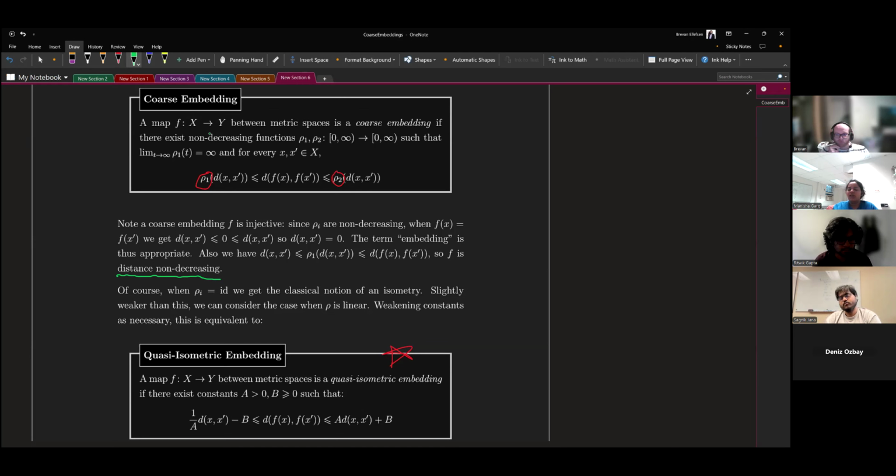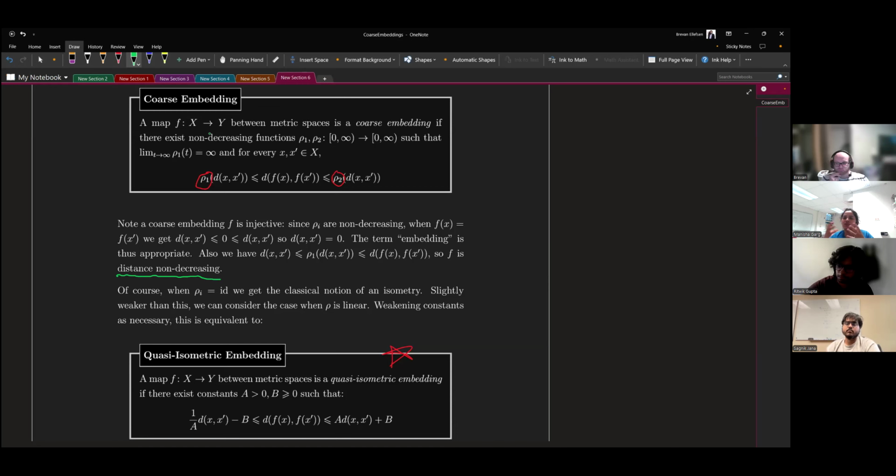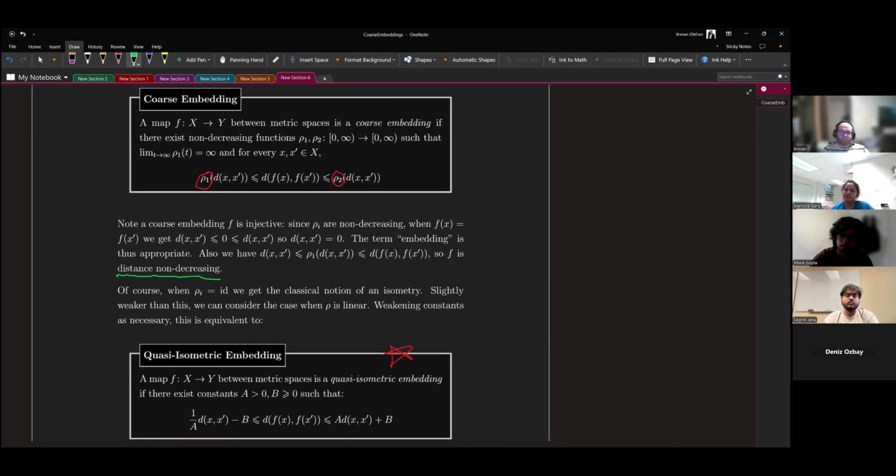Like, even in quasi-isometry, if we had just one side of the inequality, the right-hand side, then we know that the distance of the image is bounded linearly by the distance in the domain. But does the lower bound, the first inequality, in any way tell us that we are not collapsing the distances, because of which we are preserving some sort of properties? Yeah.